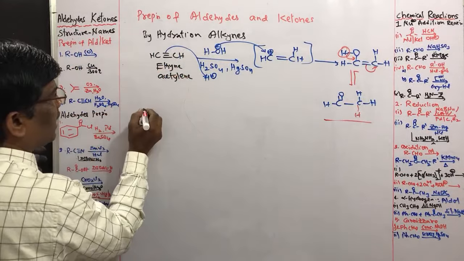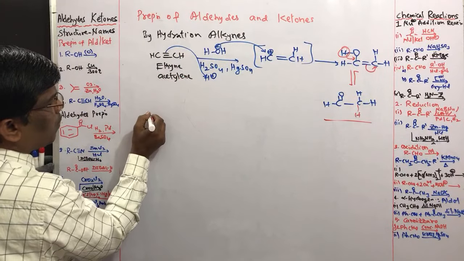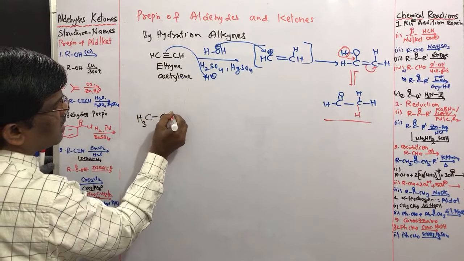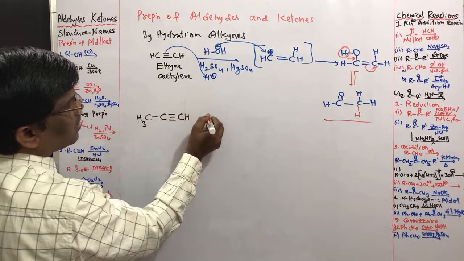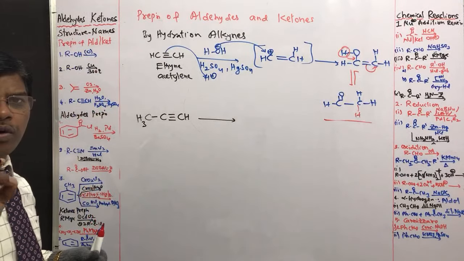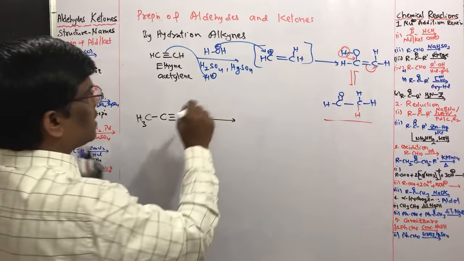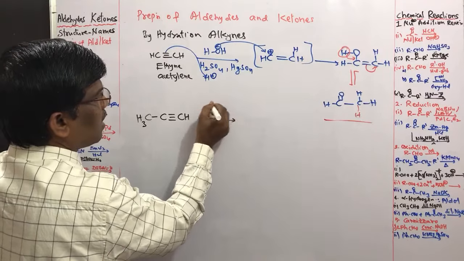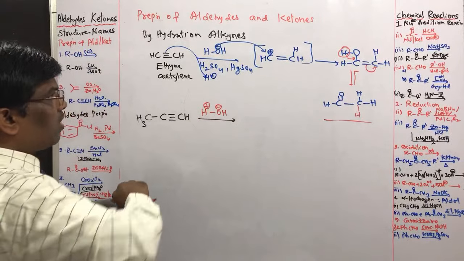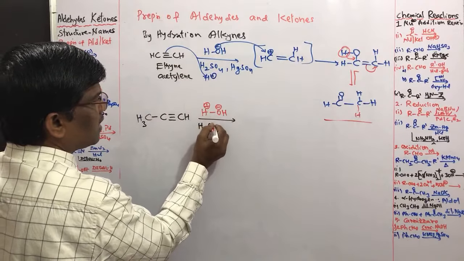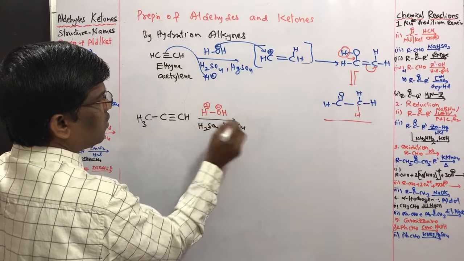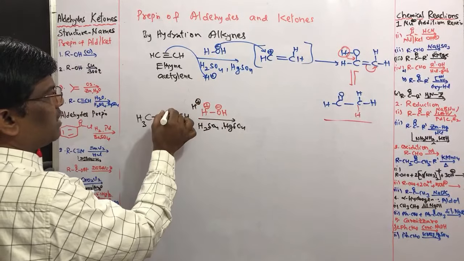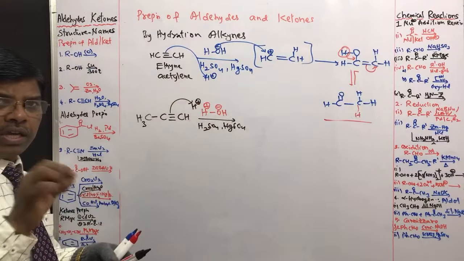For example, if I take propyne, CH3 C triple bond CH, here Markovnikov's addition is going to take place, H and OH. In the first step we are using sulfuric acid and mercuric sulfate, which is going to give H plus ions.